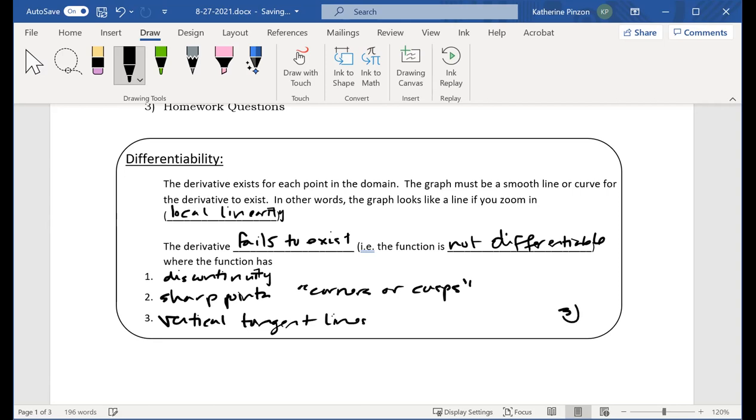If you think about the graph of cube root of x, it gets vertical in the middle there, just for a second. So a function is not differentiable if it's not continuous, or if it has a corner or a cusp, or if it has a vertical tangent line.